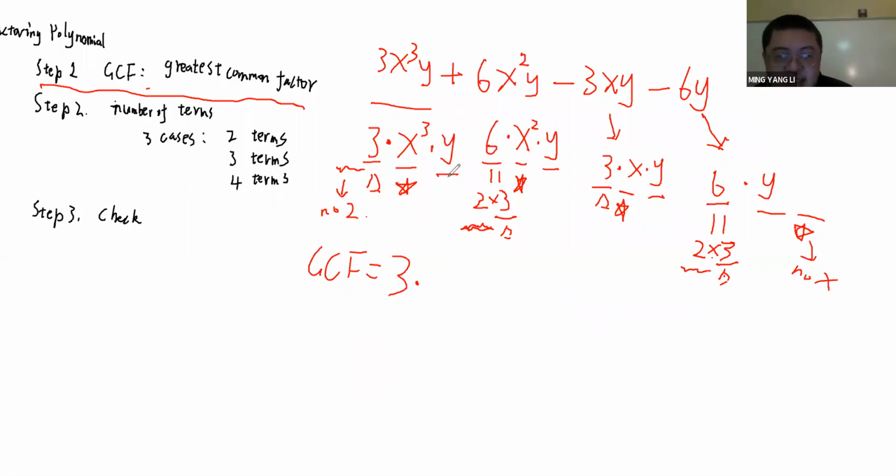Let's go on and see the next one, which is y. What symbol should I use? Let me use a small tube. We have y, y, y, and y. So in all these 4 terms, y is a factor, so the greatest common factor includes a y. And let's see what the degree of y should be. In the first term, y is degree 1.